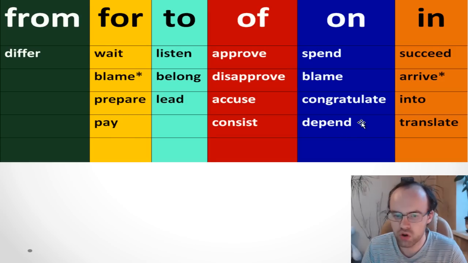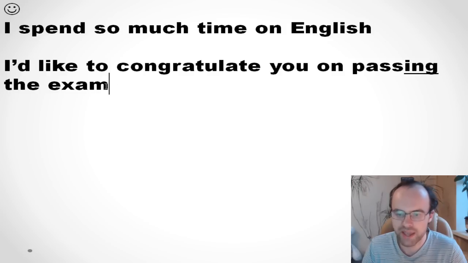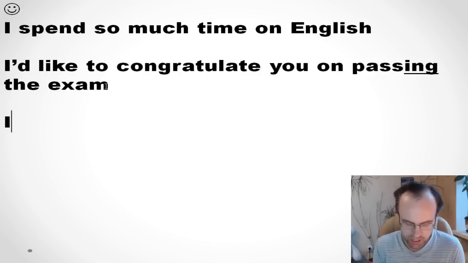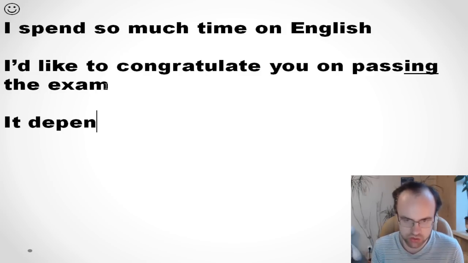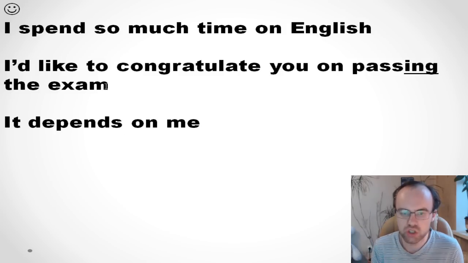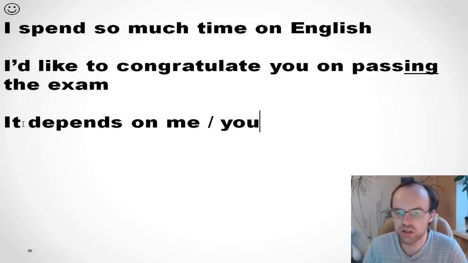Well, depend on. Students make lots of mistakes related to this verb. They say it depends and they forget to use on. But you need to use it: it depends on me. It depends on you. Students always, or almost always, say from.